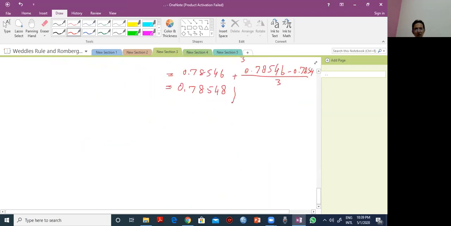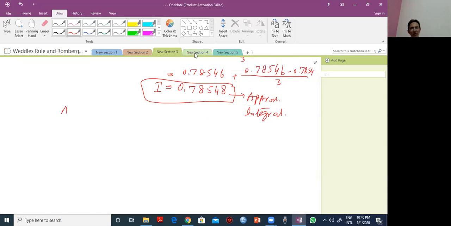So this is called the approximate integral, when we apply Romberg's method.